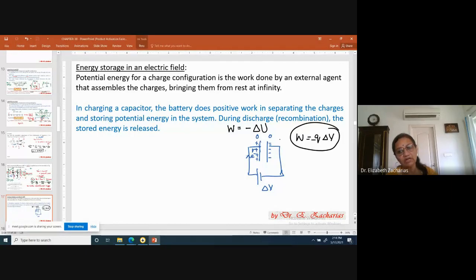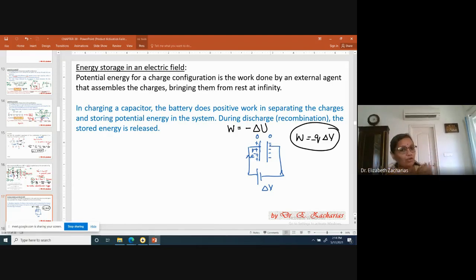So work done means you're actually creating a potential difference, or in other words, you are putting energy into the system. You're putting a potential energy into a system. And how are you doing that? You're doing that by pulling out an electron from one plate and putting it on the other. By separating charges, an external agent is putting energy into the system.